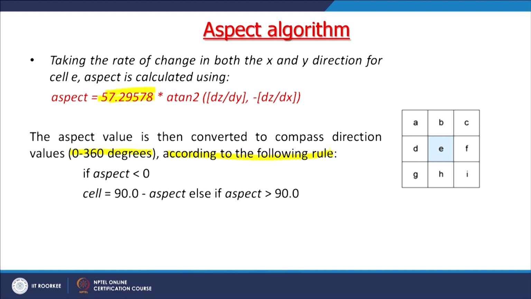If aspect is greater than 90, then cell is 360 minus aspect plus 90, and else then cell equals 90 minus aspect. So, this way for each input cell the calculation is done for aspect determination, except for one cell thick all around the border area.